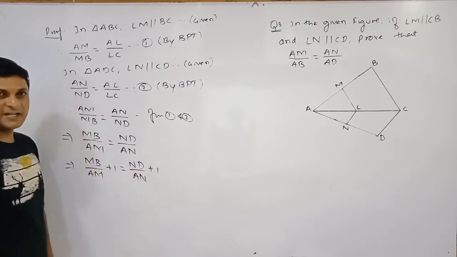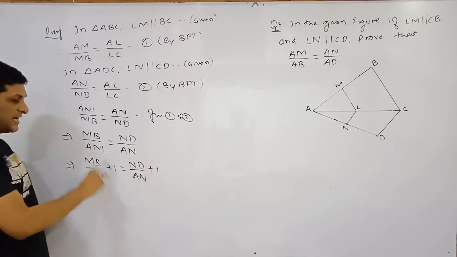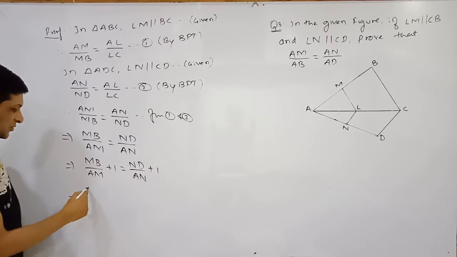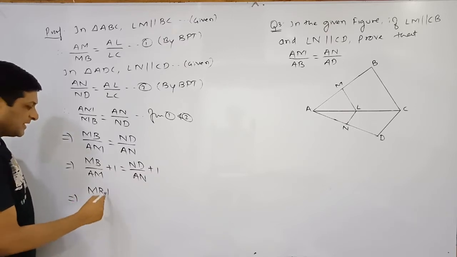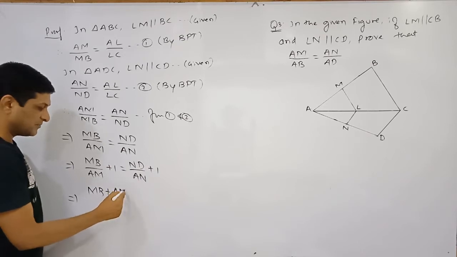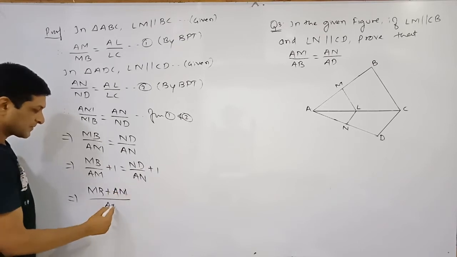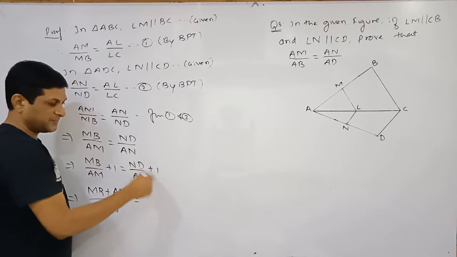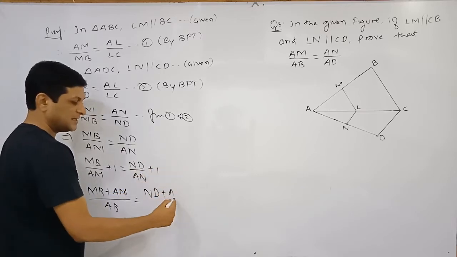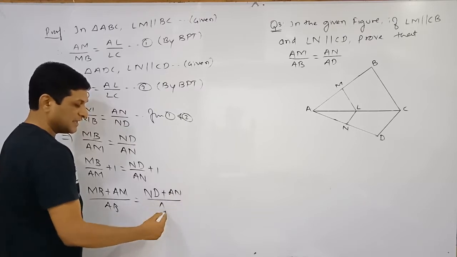Just simply we are adding 1 on both sides. Now we are able to take cross multiplication. If we are taking cross multiplication, what will we get here? MB plus AM into 1 will be equal to AM, and in the denominator we are getting AM. And on this side, we will get ND plus AN divided by AN.